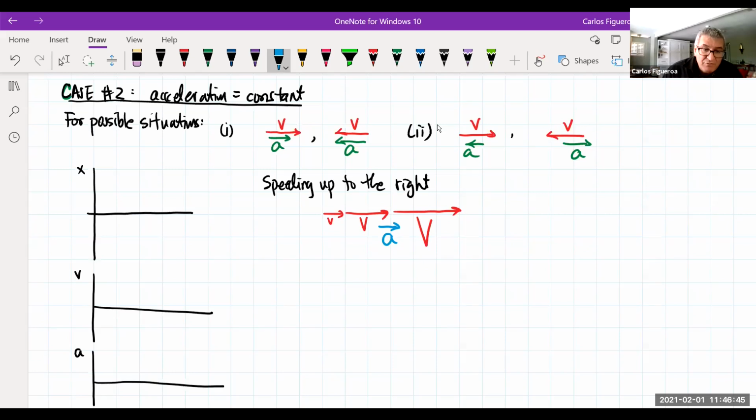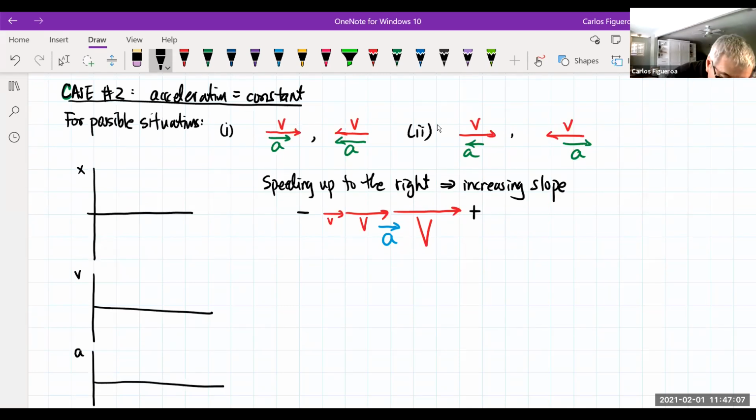So what we said before, if I'm speeding up to the right, which I'm going to call my positive direction, and my negative direction the other way, then clearly speeding up to the right implies that you're having an increasing slope.